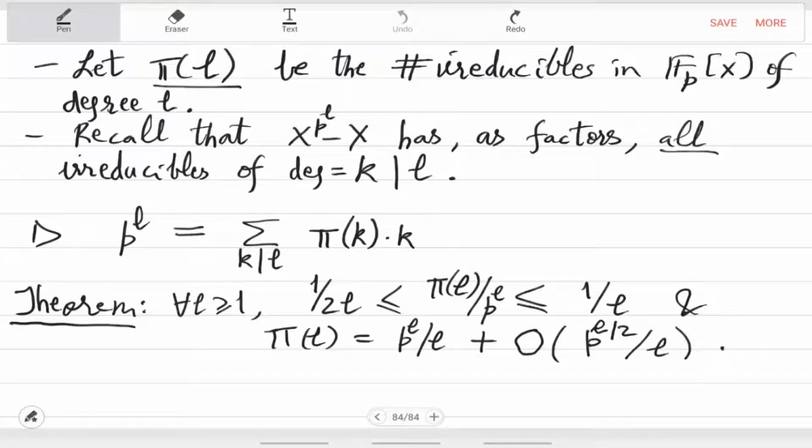So last time we wanted to estimate the number of irreducible polynomials over F_p of degree L, and this estimate is like the prime number theorem.